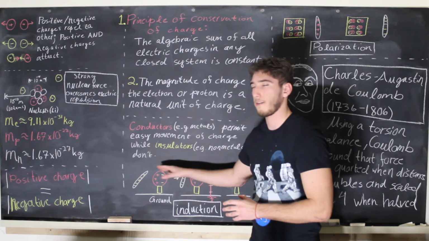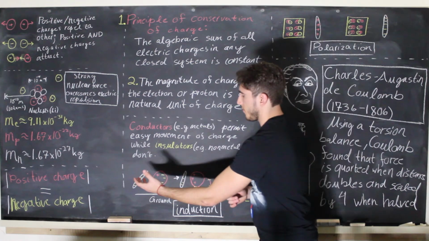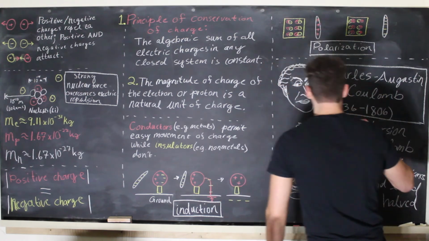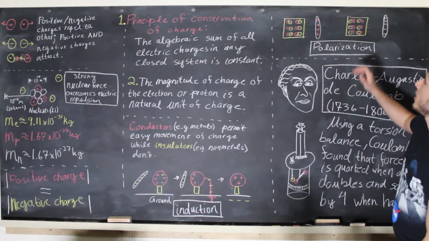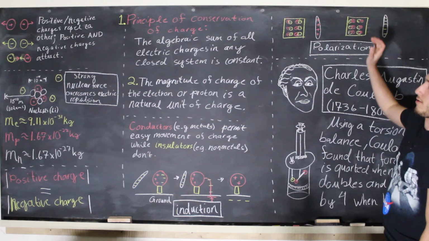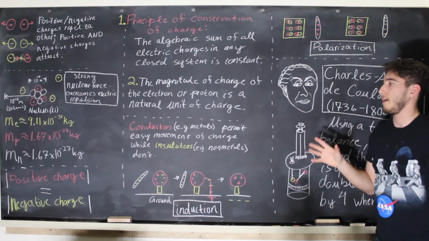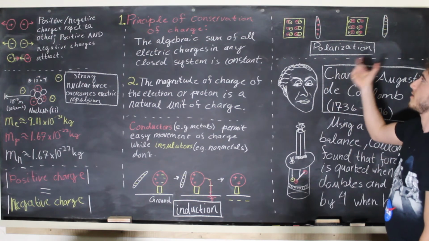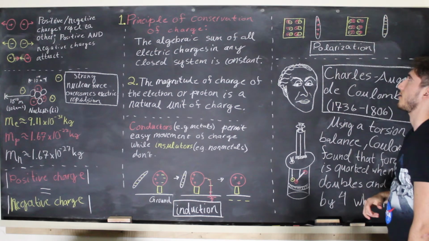Now, this specific event of organizing positive charge on one side and negative charge on the other is known as polarization. Even within insulators, even though they don't permit for free travel of charges, the charges can still shift within the insulator.